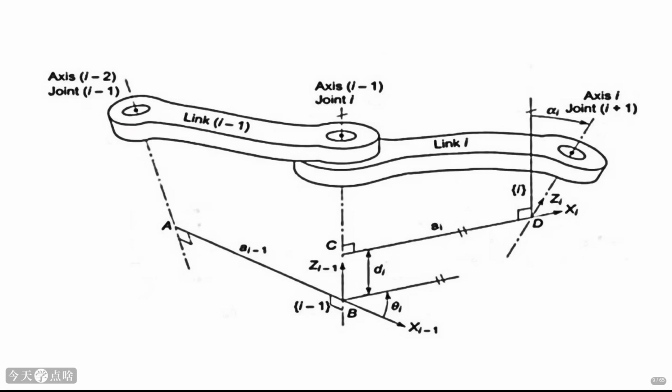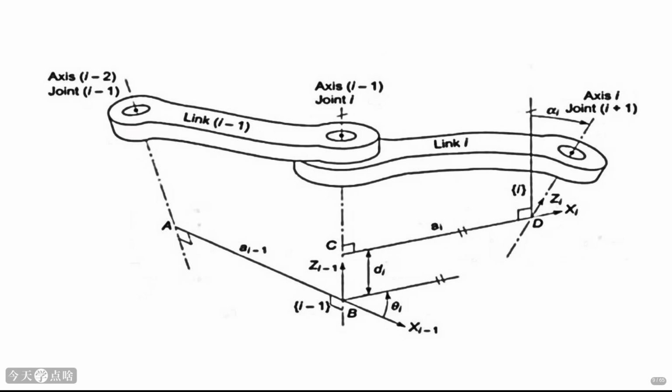Now, let's look at how these links and joints are connected. This diagram shows two consecutive links, link i-1 and link i, connected by a joint. We need to define the relationship between the coordinate frames attached to these links. Typically, we attach a frame to the distal end of each link. The key parameters here are the joint angle theta i, which describes the rotation of the joint, and the joint distance d i, which is the offset between the joint axes along the previous z-axis.